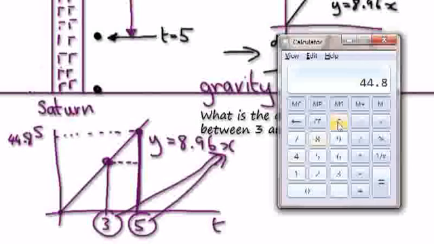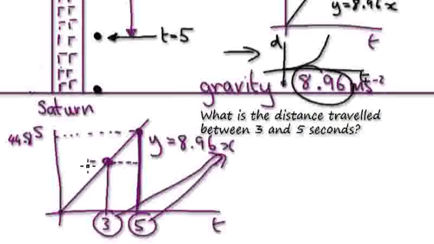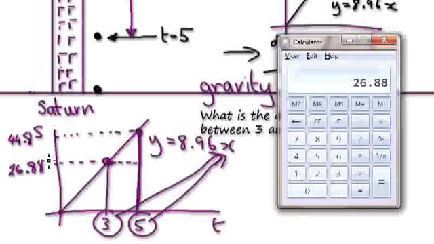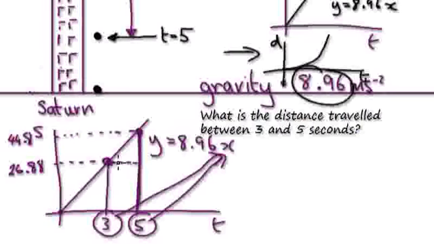So calculator, clear. 8.96 times 3 equals 26.88. So this point here is 26.88. Yep, 26.88. So there are lots of ways of working out the area.